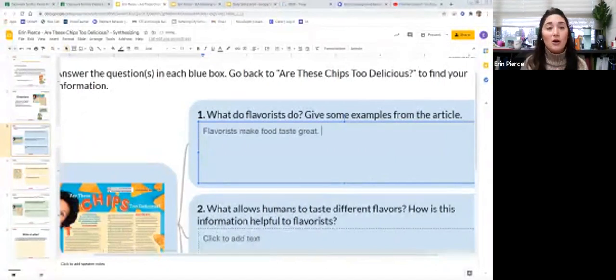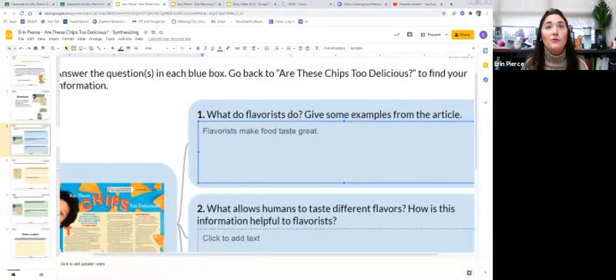Notice, I say this all the time, but I'm talking about UPQ. Please do not start your sentence with saying they make food taste great. I want you to literally use the word flavorists. Flavorists make food taste great.